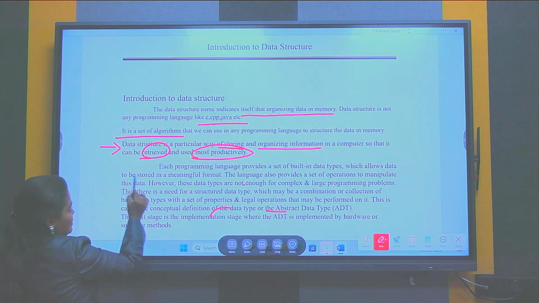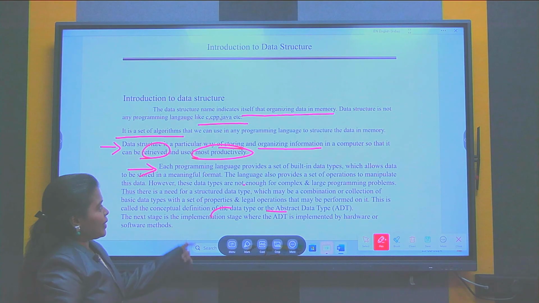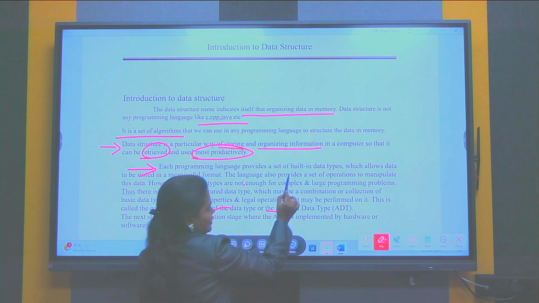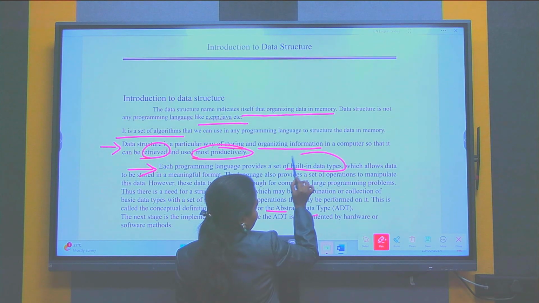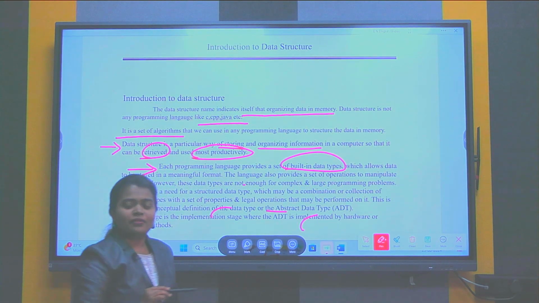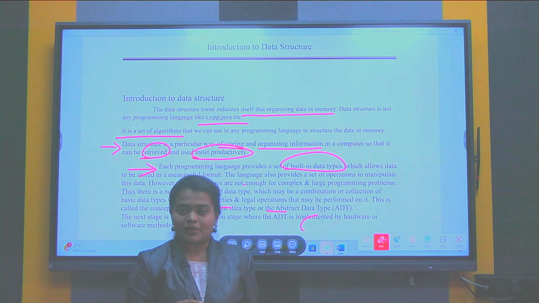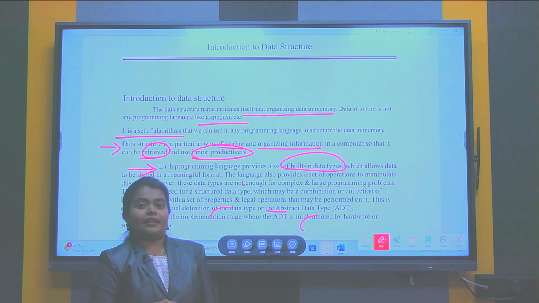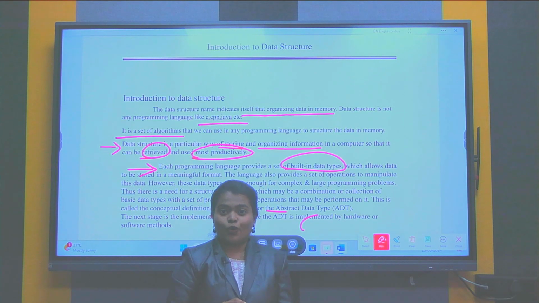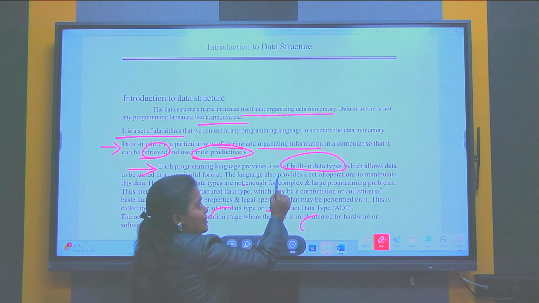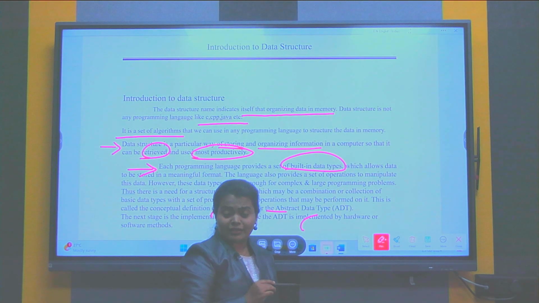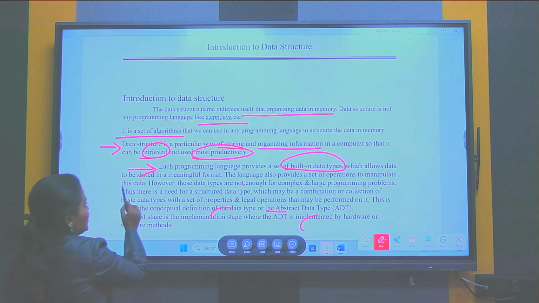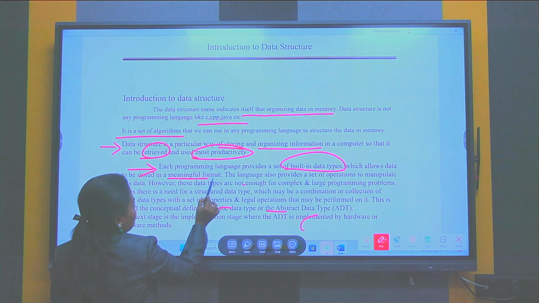The next point is that each programming language provides a set of built-in data types. As we know, you might have learned in C that int, char, float are the basic data types, which allow data to be stored in a meaningful format.